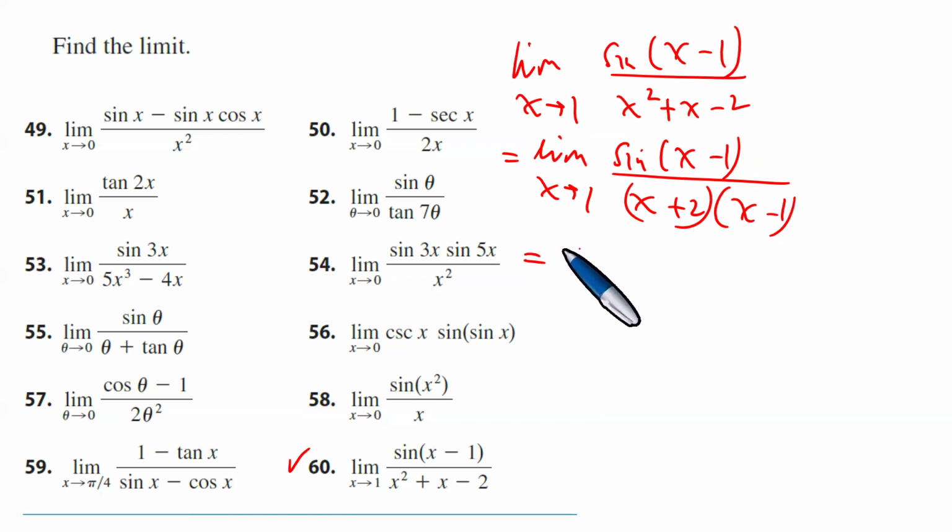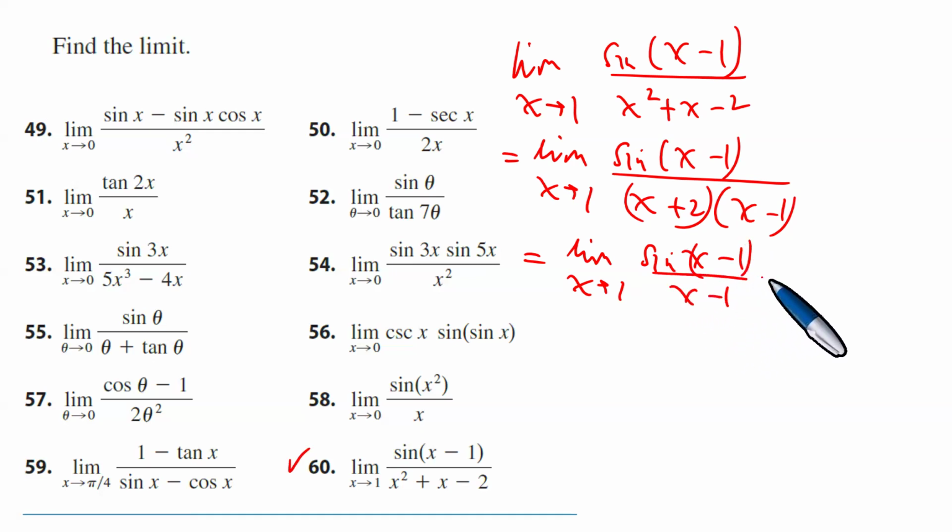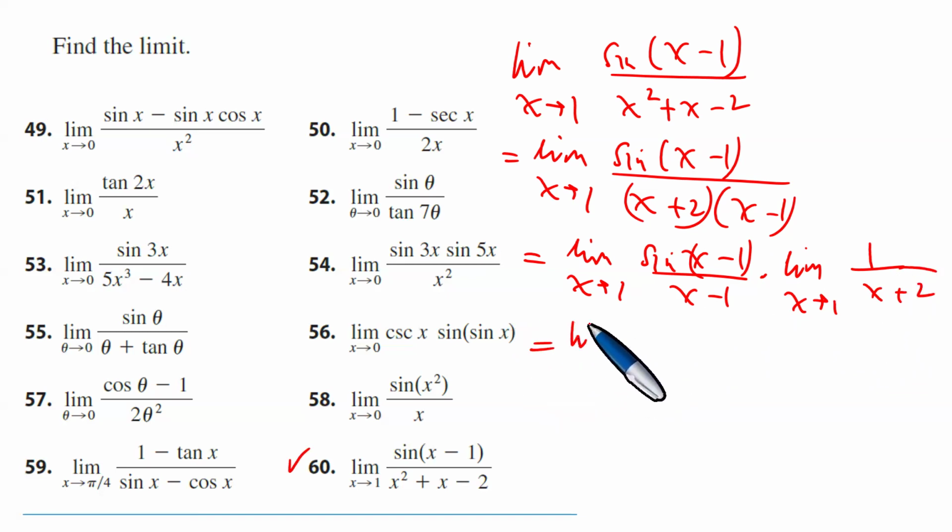Okay, right, so you can write it as the limit as x approaches 1 of the sine of x minus 1 divided by x minus 1 multiplied by the limit as x approaches 1 of 1 divided by x plus 2.